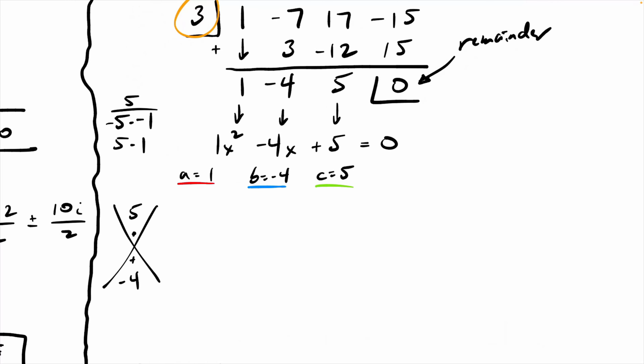Do any of those work? The first one, when I add, makes negative 6, right? That's close. The second one makes positive 6. How about negative 5 and positive 1? That adds to make negative 4, but does it multiply to be positive 5? No. It's very close, right? But it doesn't work. So, quadratic formula, just like we did last week.